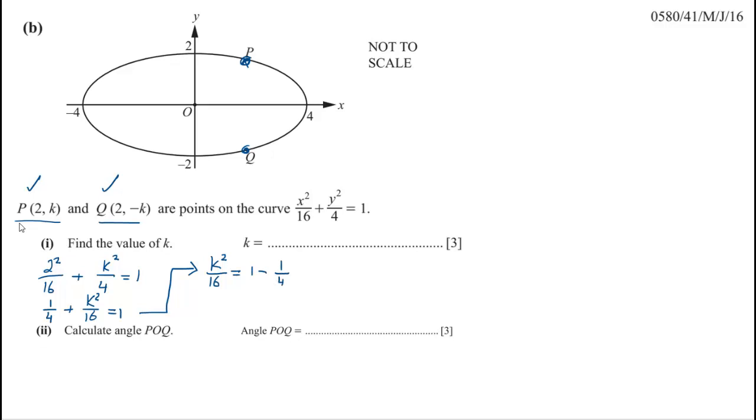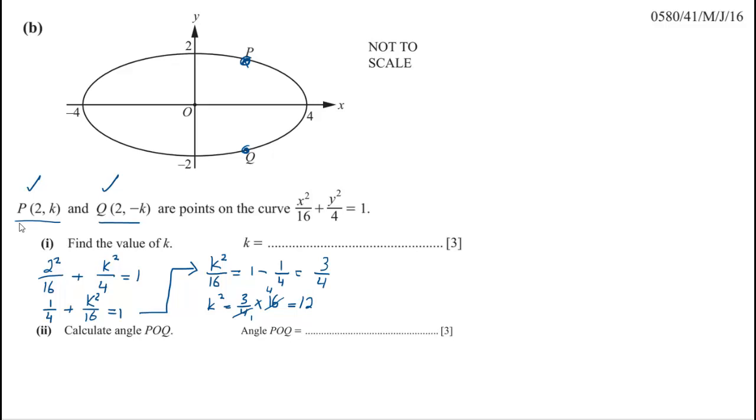So it will become 3 over 4. Now by cross multiplication, k squared is equal to 3 over 4 into 16, and by calculator, it is 12.